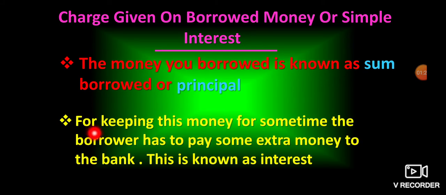Then for keeping this money for some time, when we borrow or invest some money in the bank, the borrower has to pay some extra money to the bank. This is known as interest, that is, simple interest.